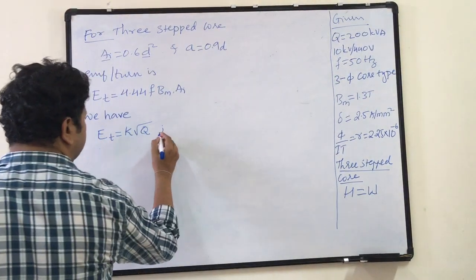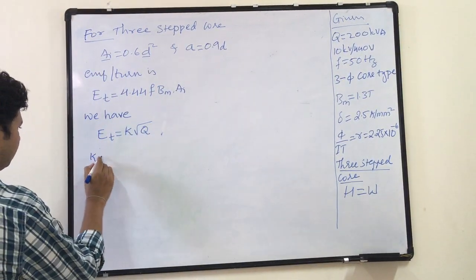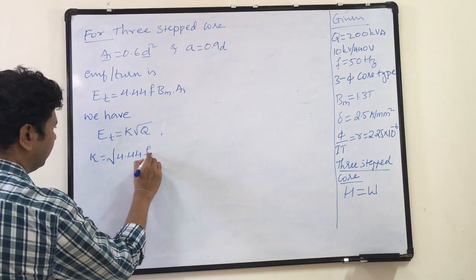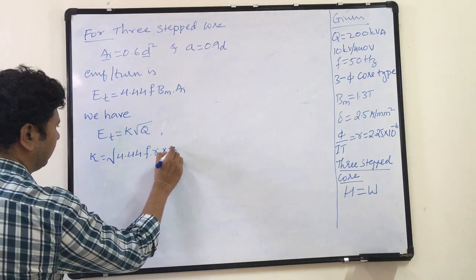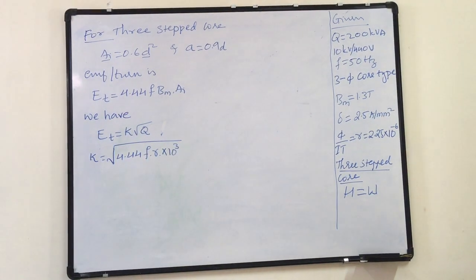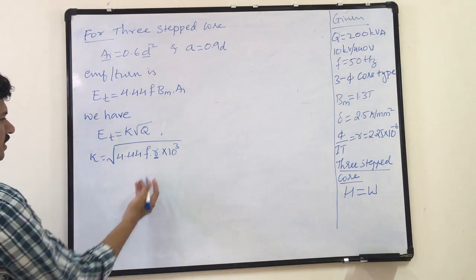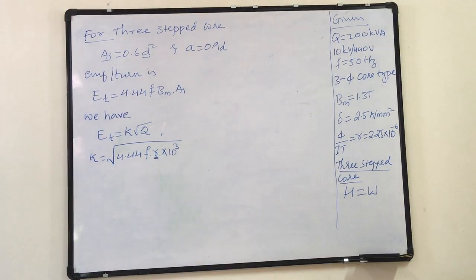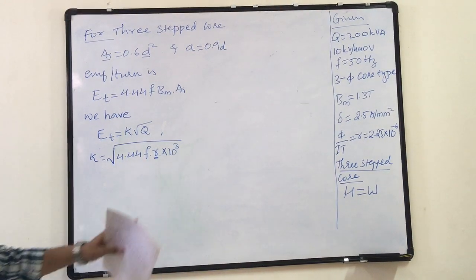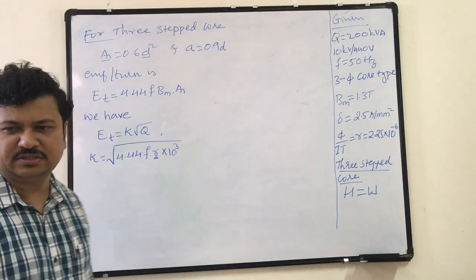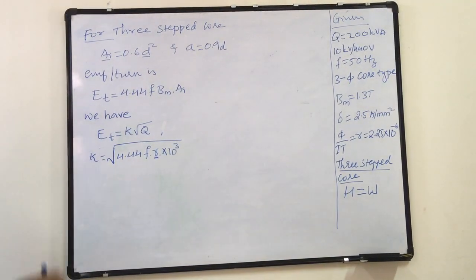K is under root 4.44 f into R into 10 to the power plus 3. I know frequency, and R is the ratio of flux to ampere turns of the transformer, which is given as 2.25 into 10 to the power minus 6. I can get the value of K here.